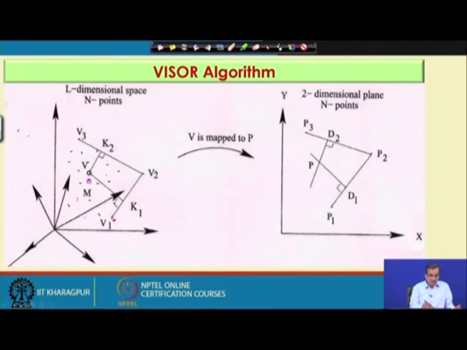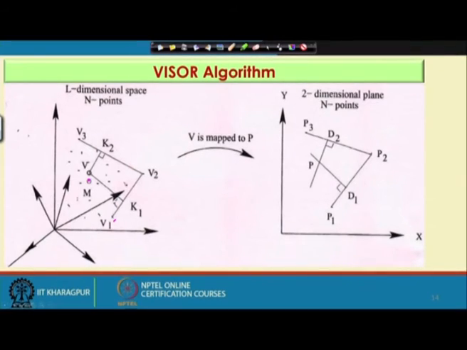Once you have got this first pivot point, I have got the remaining n minus 1 data points. We calculate the Euclidean distance values starting from V 1 to all n minus 1 data points.